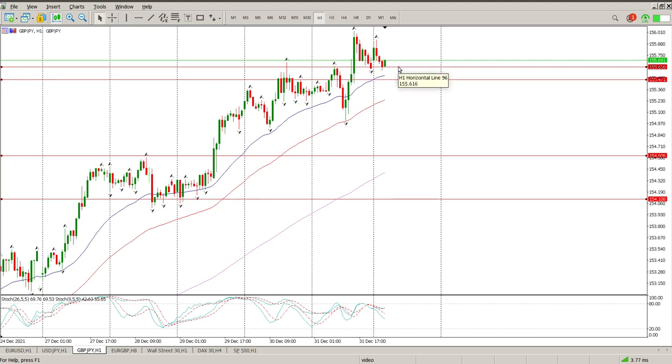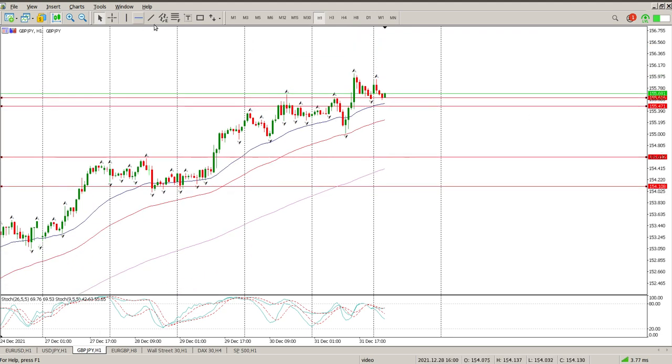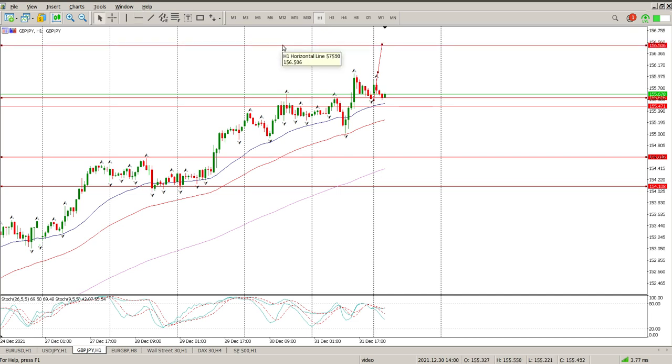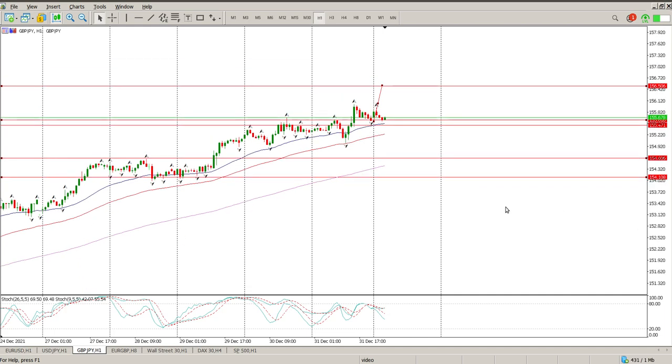So if we can hold 155.600 or alternatively 155.471, if price can hold that, then I suspect we're more than likely going to look for another leg up, and that leg up would be something along the lines of that, looking for 156.500. But I suspect we're going to be pretty much sideways today. I don't like the way the oscillator is looking, so I want to see the oscillators group to the downside before jumping in long on this one.